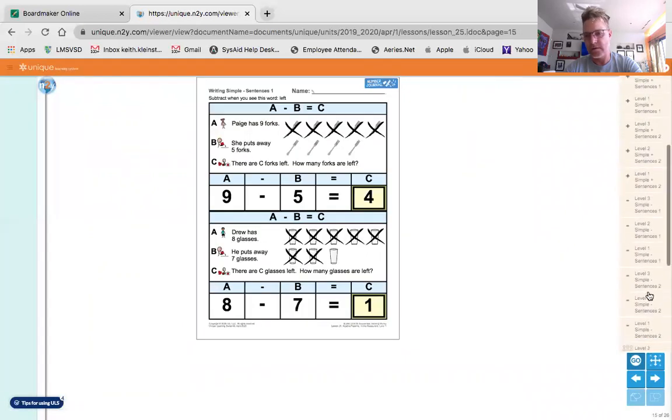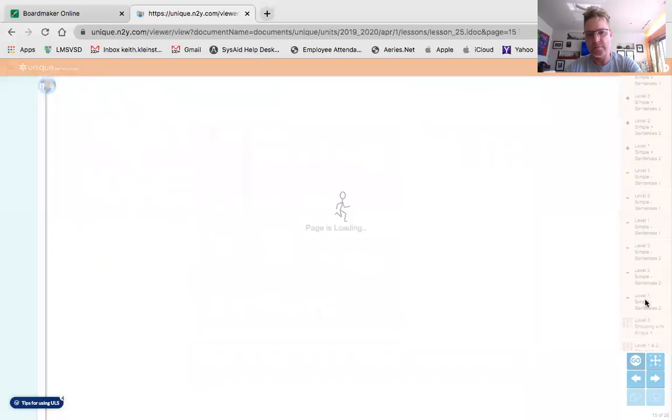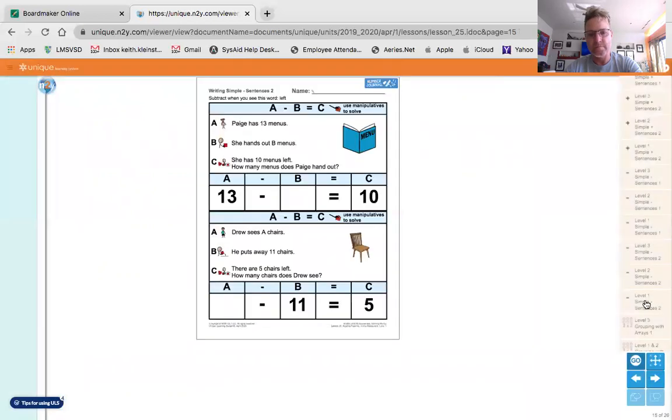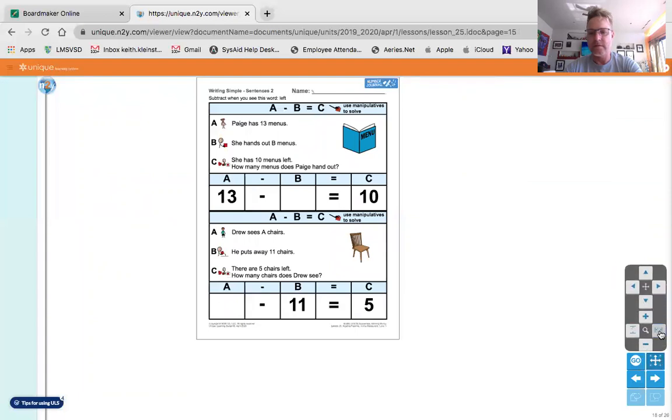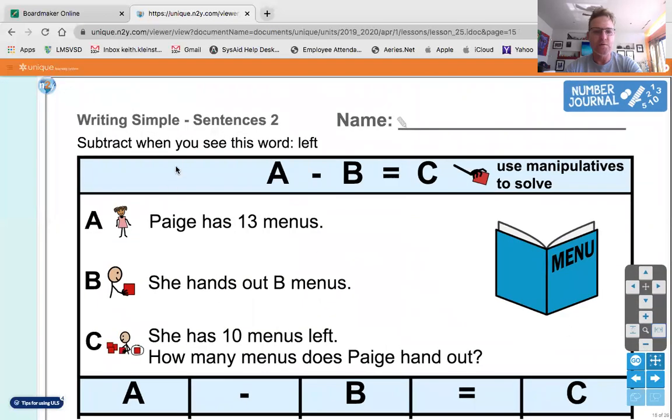Did that one. Go to the next level 1. Here we go. Subtract when you see this word left. A minus B equals C. Use manipulatives. So again, you can get manipulatives.